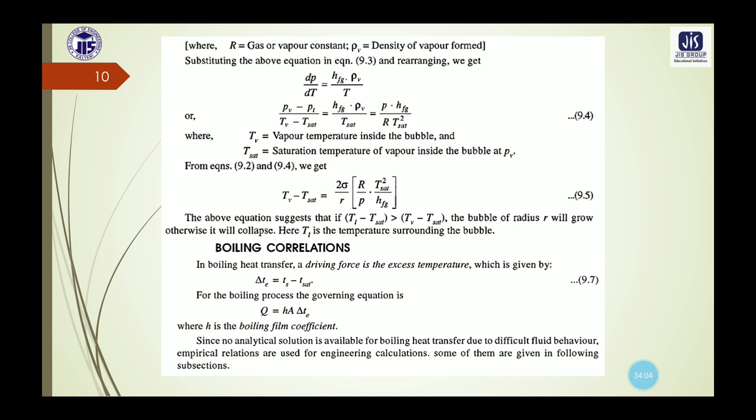Now from these two equations we get the difference between the vapor temperature and the saturation temperature, which equals 2 sigma by r into R T saturated square divided by P hfg.